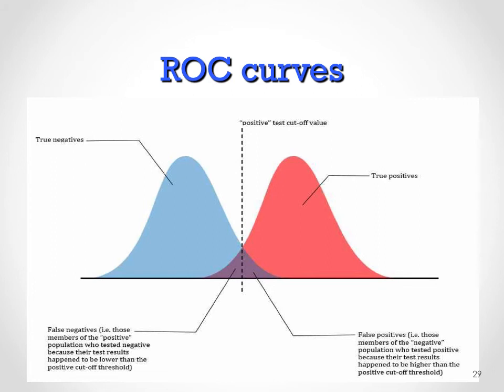The area of overlap signified in purple represents the point at which the test is inaccurate. And if we draw a line signifying the test cutoff value, we can see the purple area to the left of that line represents the false negatives, and the area to the right represents the false positives.